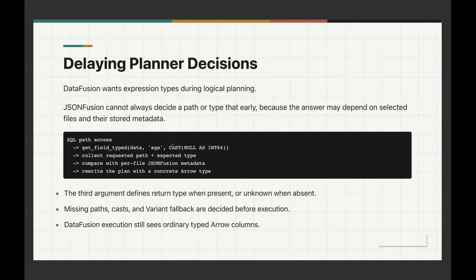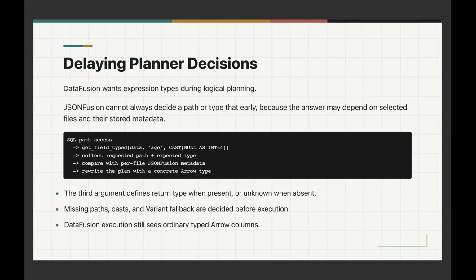And if after this pass there are still some get_field functions where the third parameter is missing, we may throw an error, for example that the database can't infer the expected type for this access. You have to write some cast operation to specify it. Or, if that is expected, you can also return the JSON content as a plain string, which is the default return type of this function.